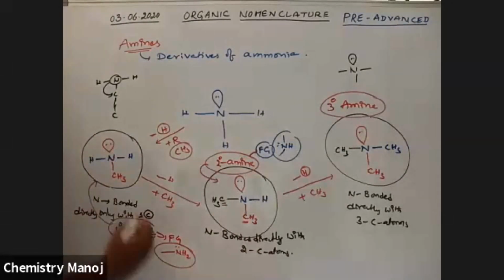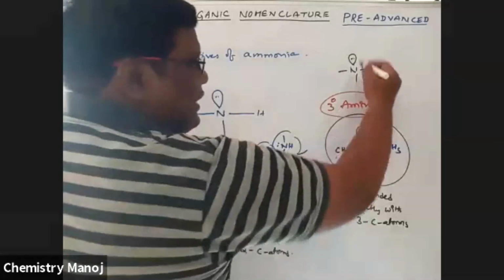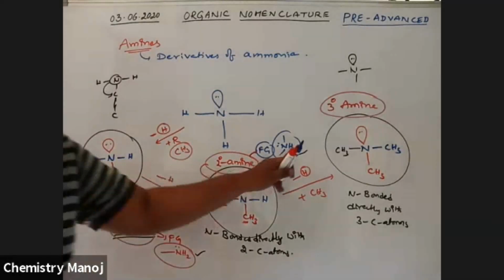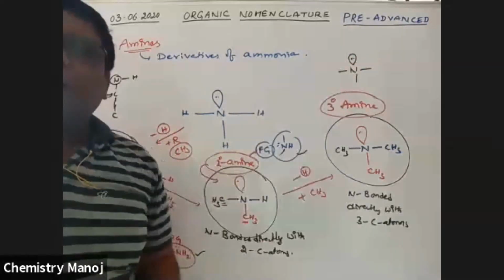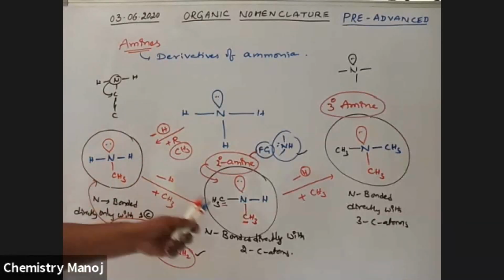So here NH2 is the functional group. Here NH is the functional group. Here N is the only functional group. So wherever the NH2 group is there, that is a primary amine. If the NH group is there, that is a secondary amine. If only N is there, that is a tertiary amine. Now we are going to take the names of these primary, secondary, and tertiary amines.